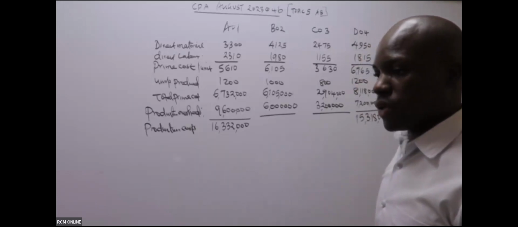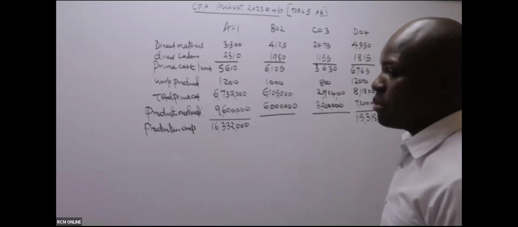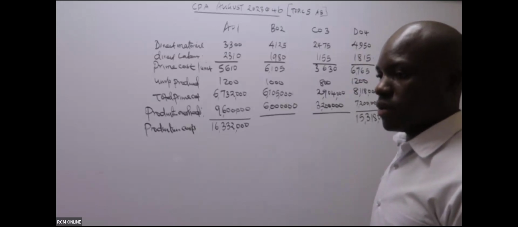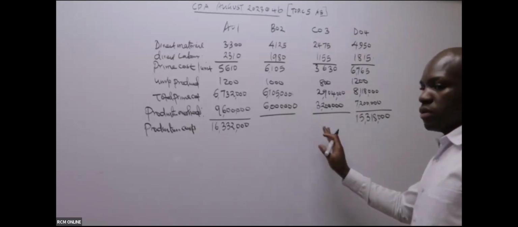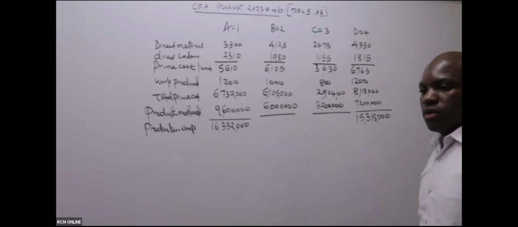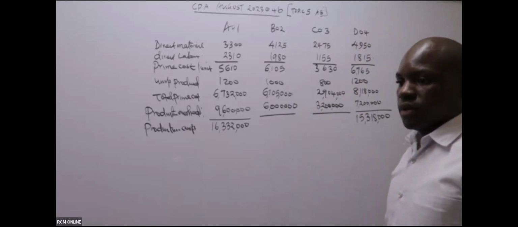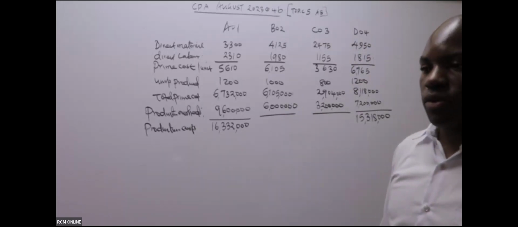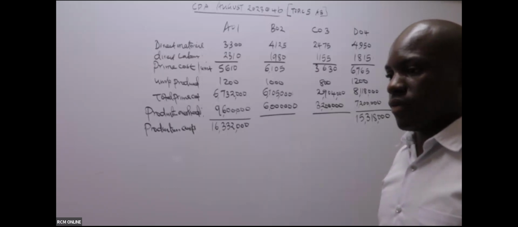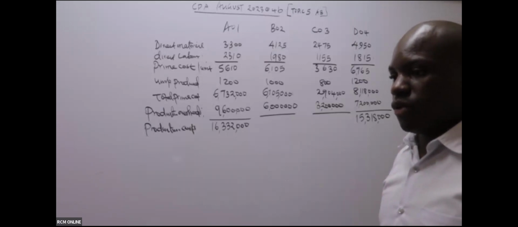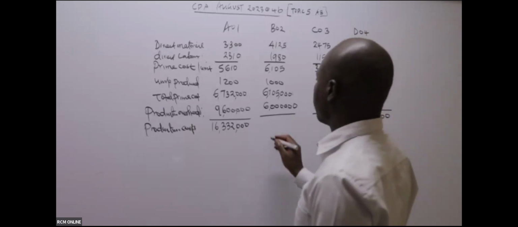Good. Another person, maybe C3 or B2, who has been able to calculate one of these two. What are we getting there? So for B2 we have 12,105.